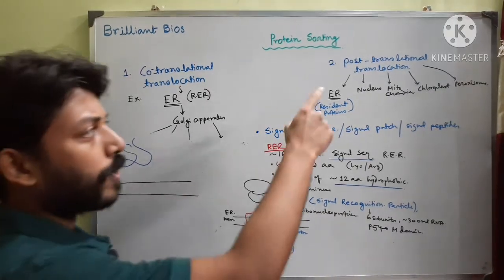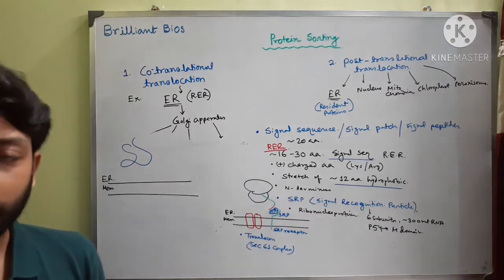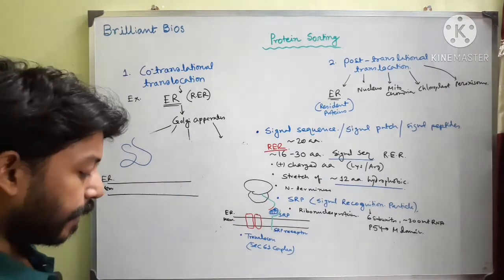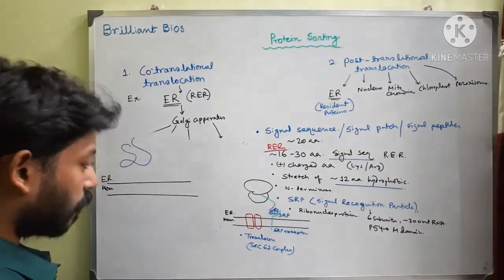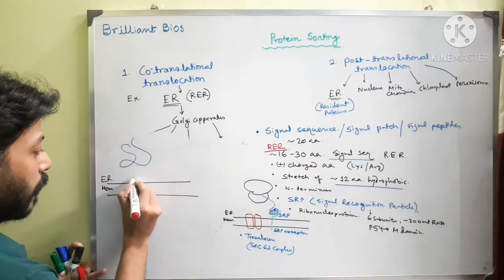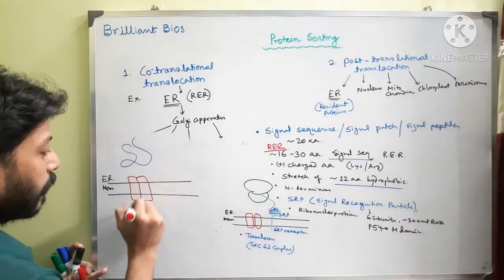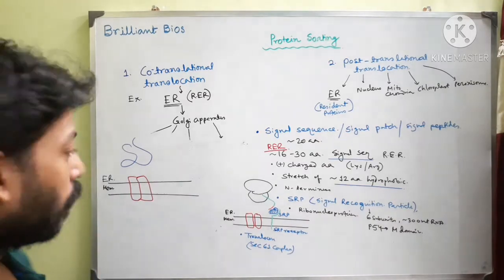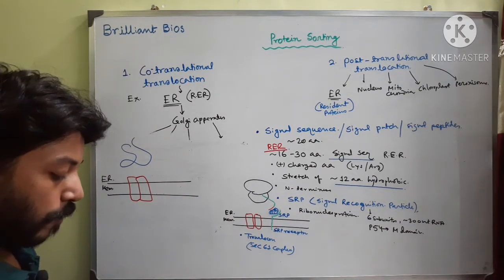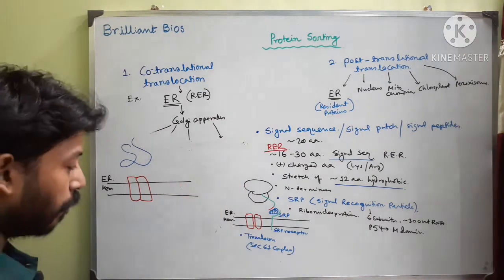In case of post-translational translocation, there is no requirement of SRP. But the thing is, here also this translocon is present. This is a channel-like structure. But there is another thing that is also important for post-translational translocation.